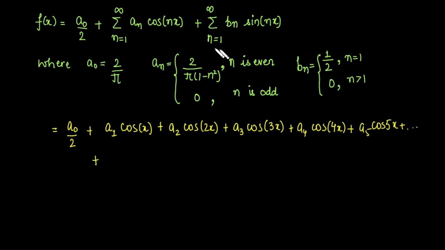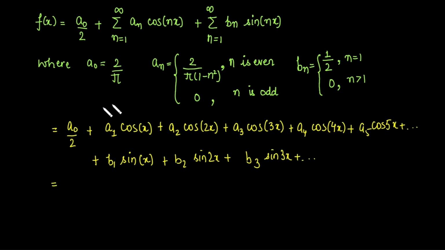Plus, for this case we have b1 sine of x plus b2 sine of 2x for n equal to 2, then b3 sine of 3x, and so on.